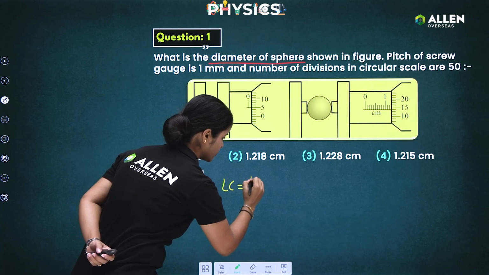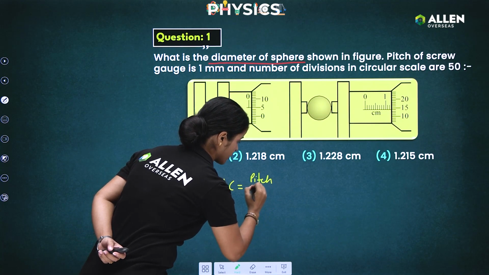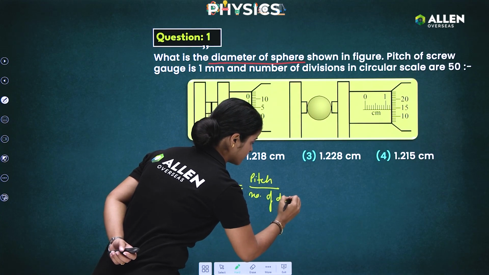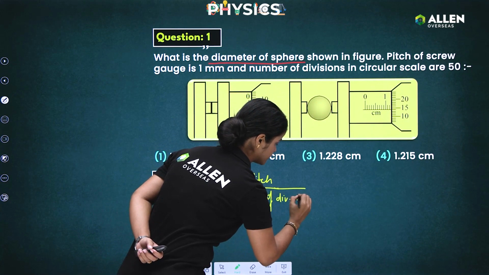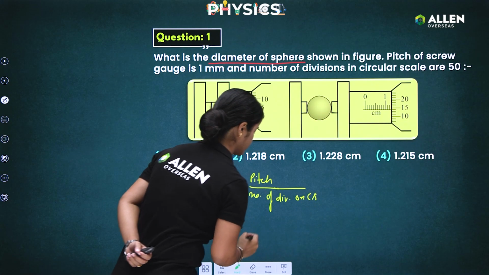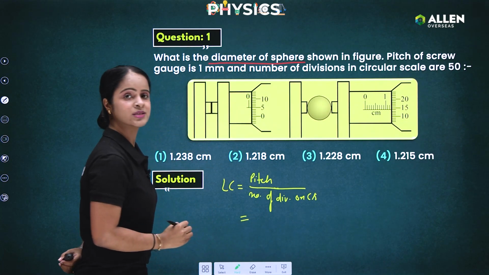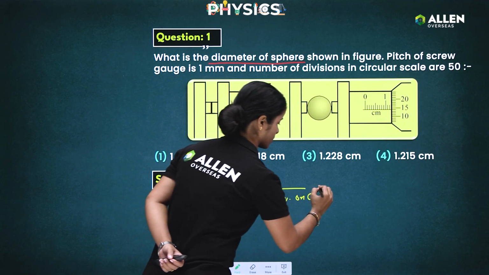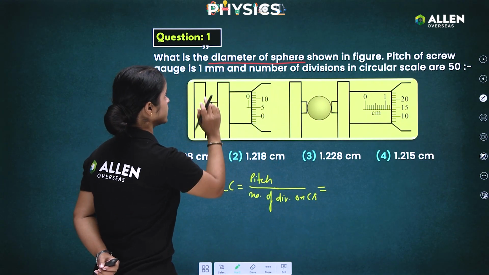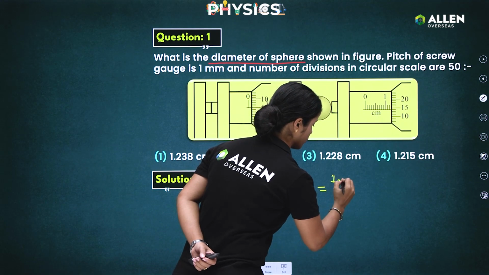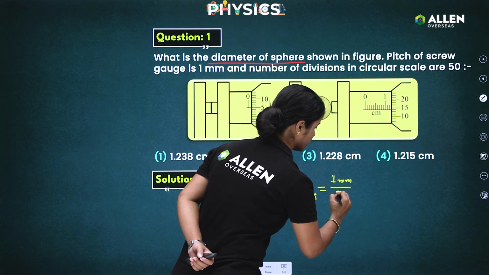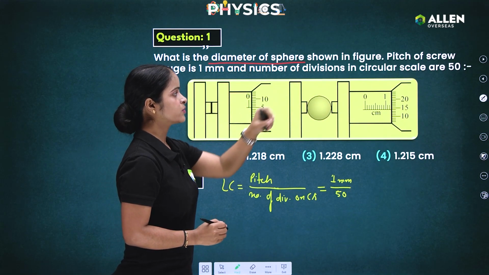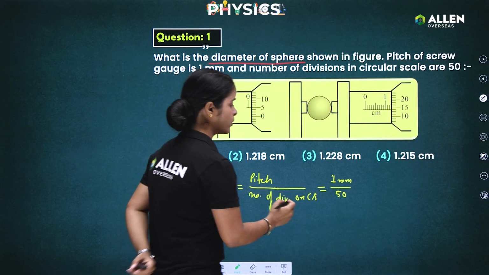Least count is equal to pitch upon number of divisions on circular scale. So from this point, we can clearly write: pitch is 1 mm, so 1 mm divided by 50, because number of divisions in circular scale is 50.